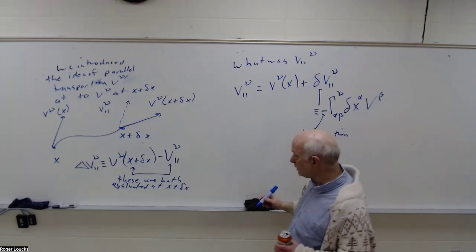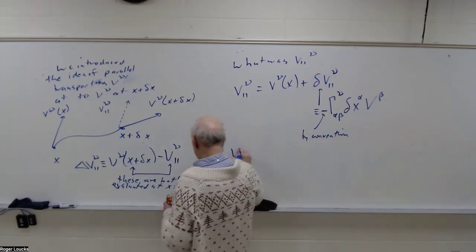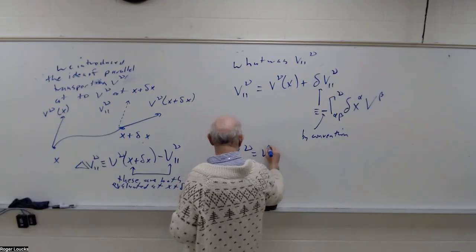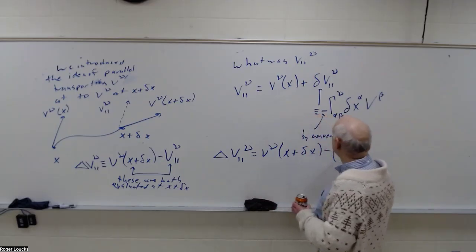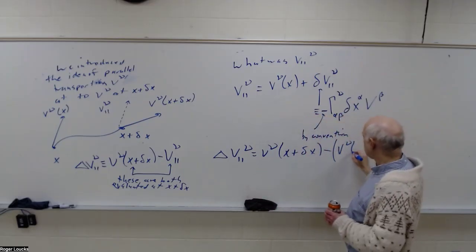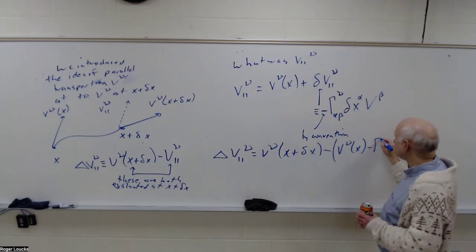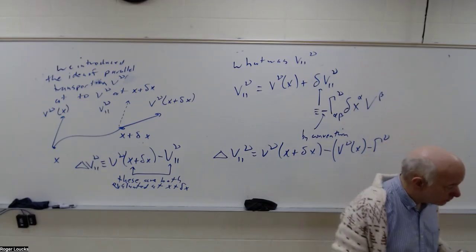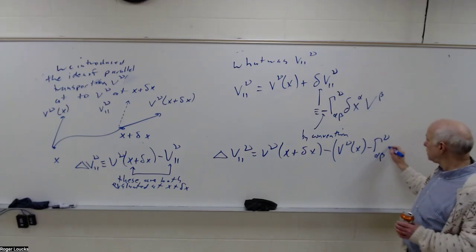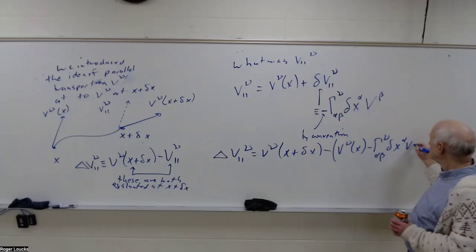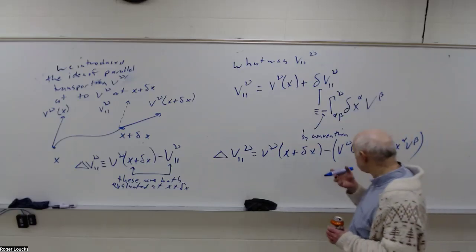And then if you put this all in here, you get delta V parallel new equals V new of X plus delta X minus V new of X minus this gamma new alpha beta, delta X alpha, V beta, like that.